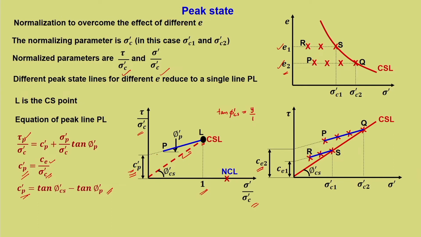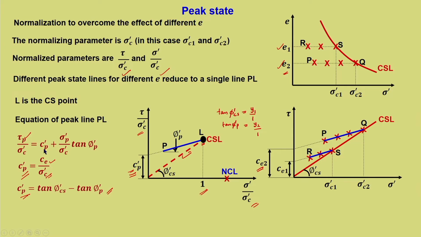And similarly, if you consider this particular triangle, we can write tan phi dash P. Let us call this as y1 and this will be y2 by 1. So, y1 is equal to tan phi dash Cs, y2 is equal to tan phi dash P. So, in short, what we are writing is C dash P is equal to y1 minus y2. That means that is tan phi dash Cs minus tan phi dash P.